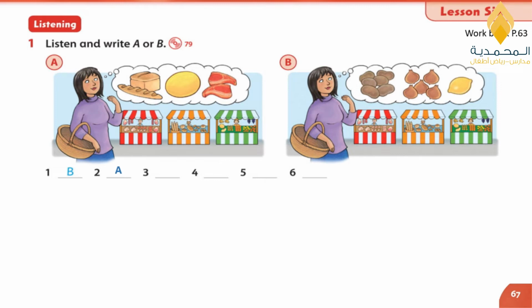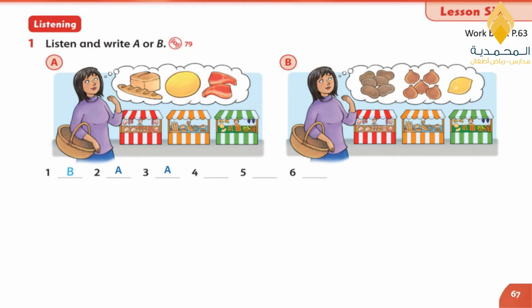Number 3. Hello, what would you like? I'd like a melon, please. Would you like this one? Yes, please. It looks very nice. Number 4. Hello, what would you like? I'd like some onions, please. Okay, here you are. Thank you.